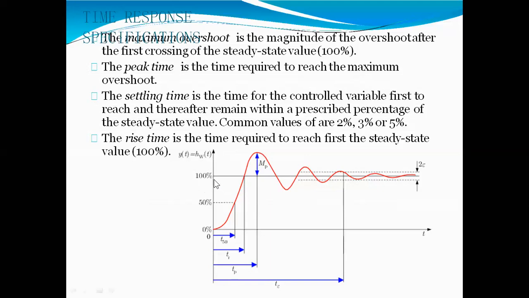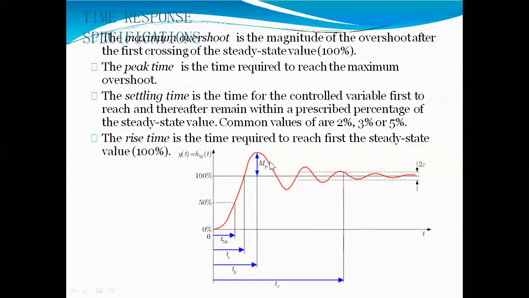You can see if this is my 100% line, and if my applied input signal is responding beyond the 100%, then we will calculate that particular value by this arrow mark. If it is crossing my steady state value, that is 100%, then the maximum overshoot can be obtained beyond 100%.